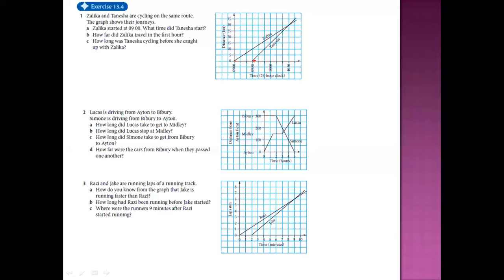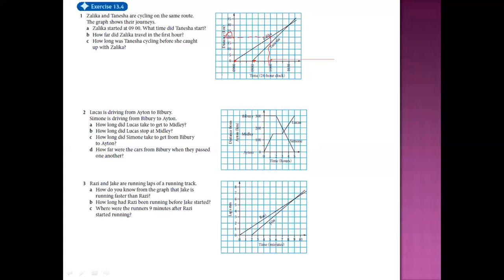And how far did Zalika travel in the first hour? She started at 9 o'clock, and after 1 hour, at 10 o'clock, she will be here, and she will have traveled how many kilometers? Of course, 20 kilometers.